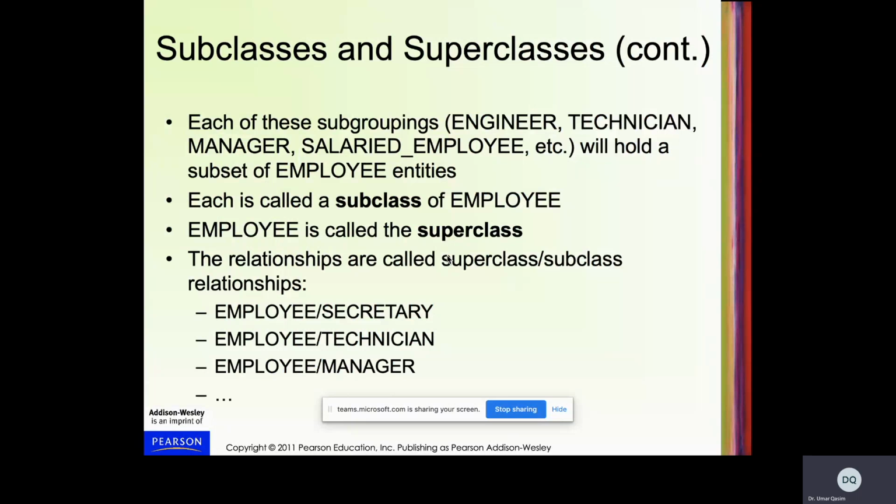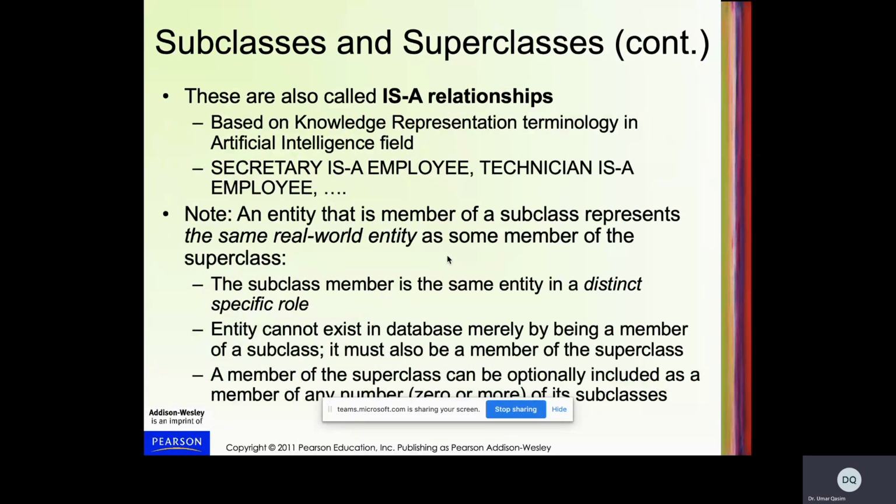So employee is the superclass, and secretary is a subclass, or technician is a subclass, or manager is a subclass. If you recall from object-oriented programming and object-oriented analysis and design, these are also called is-a relationships. We use this in knowledge representation terminology in artificial intelligence too. So secretary is an employee, technician is an employee. So we have this is-a relationship there.